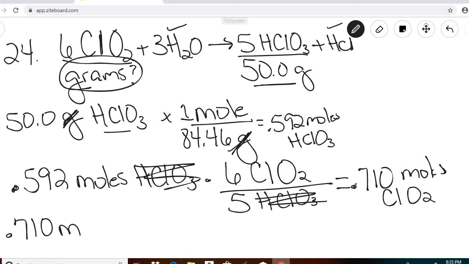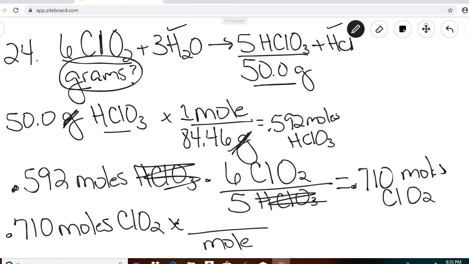0.710 moles of ClO2. We're going to grams, so grams is going to go on the top. How many grams is in a mole? For ClO2, it's going to be 1 chlorine and 2 oxygens. The chlorine is 35.45, and there are 2 oxygens, so 2 times 16.